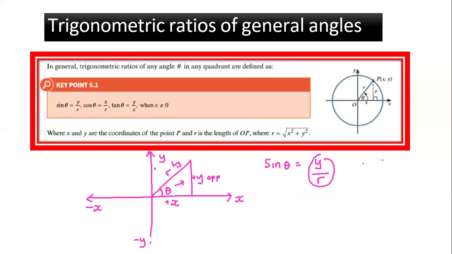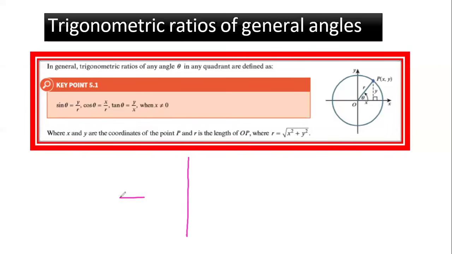But when it comes to the second quadrant, what do you notice? This is positive y and this is negative x. When I draw my triangle like this, this is the reference angle. This is going to be negative x, this is going to be positive y, and this one is your r.